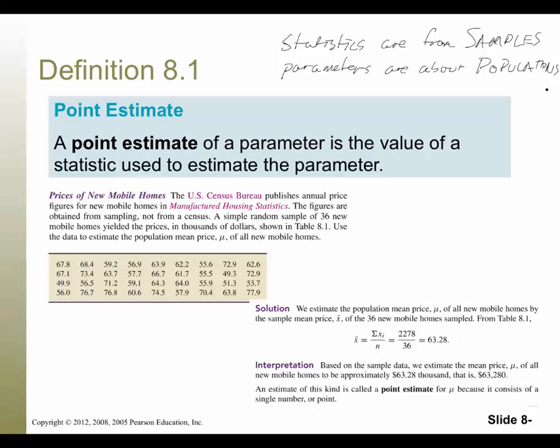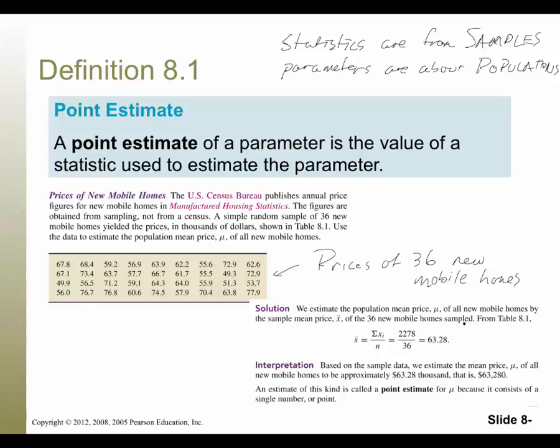Okay, so the mean is a perfect example. I know this is small, but this is the prices of 36 new mobile homes. So it's a sample of size 36.